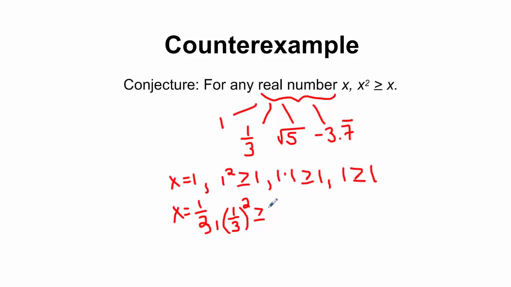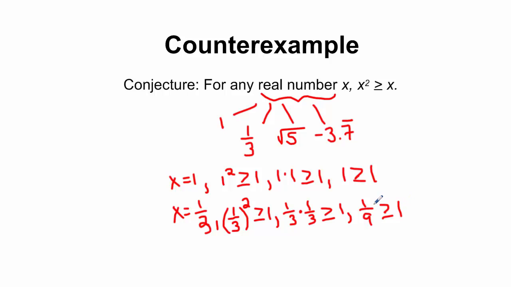That should be greater than or equal to 1/3. And remember, when you square a number, you're saying 1/3 times 1/3 is greater than or equal to 1/3. And then I can see 1/3 times 1/3 gives me 1/9, which is supposed to be greater than or equal to 1/3.